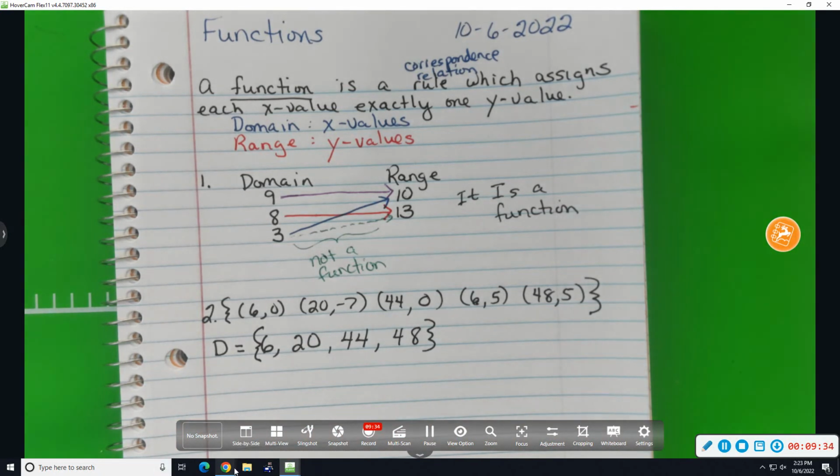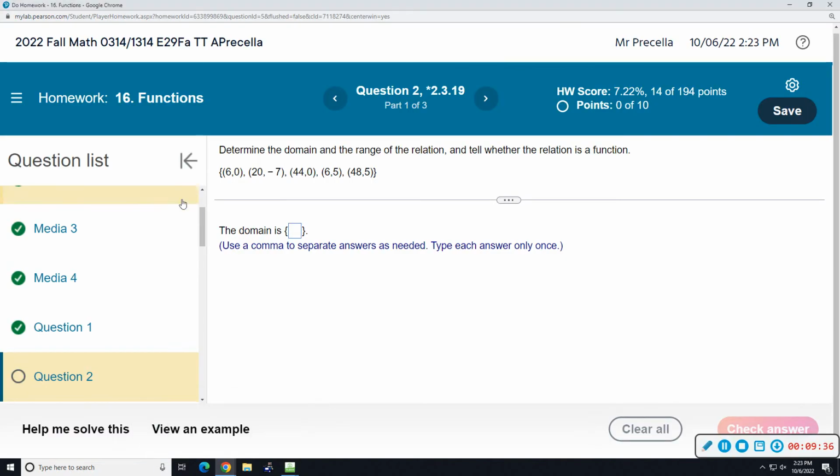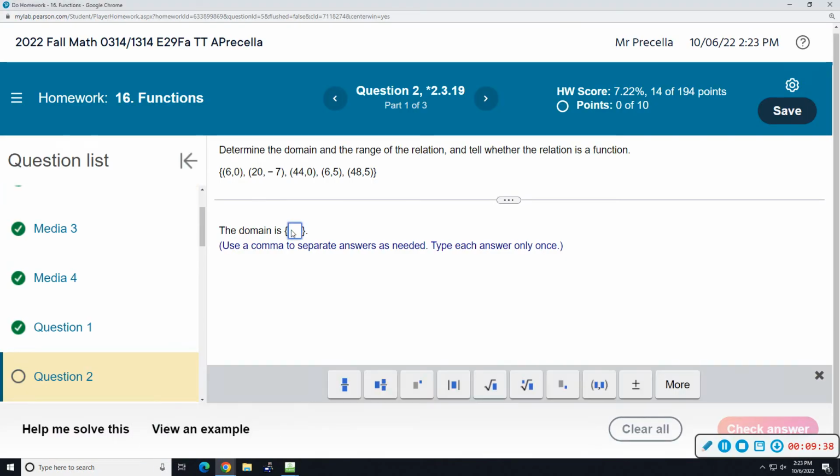Let me just first type in those numbers. 6, comma, 20, comma, 44, comma. Just to make sure that we can't repeat any numbers. If I put in the 6 again, what would happen?